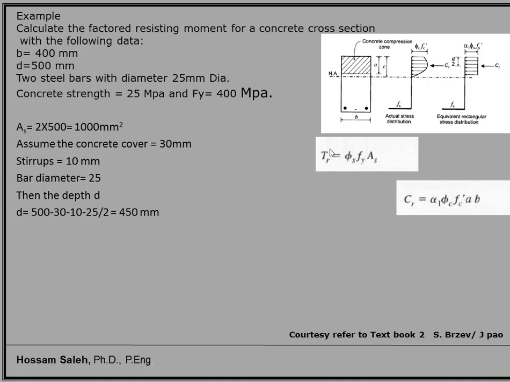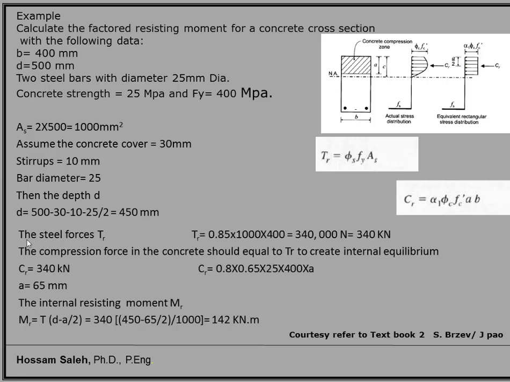Now when we calculate the Tr and make that Tr equal to Cr to provide internal equilibrium, then we can calculate a. When we calculate a, now we can estimate the location of the Cr within the cross section, because the Cr will act at a distance from the outside face of the beam equal to a over 2.